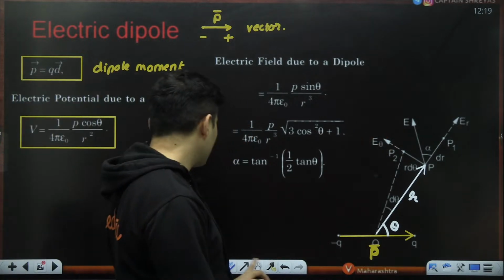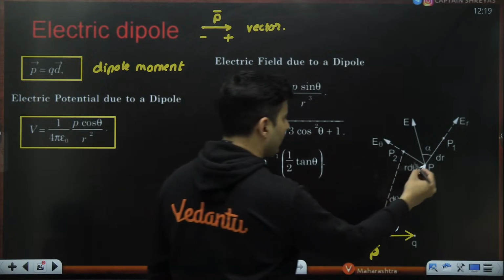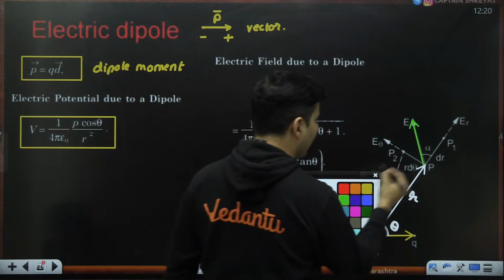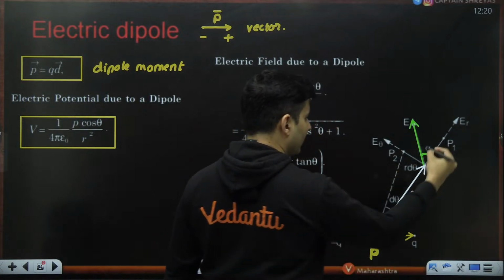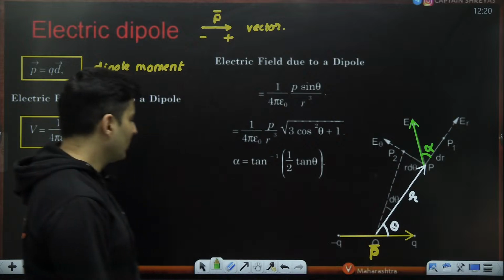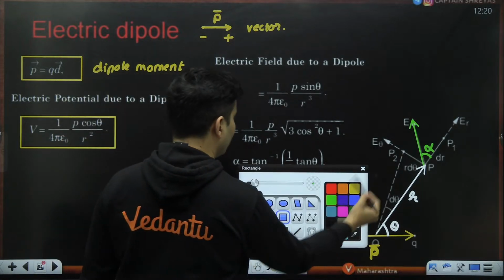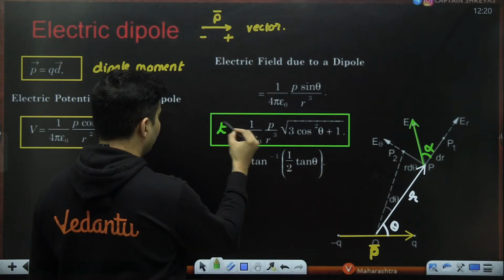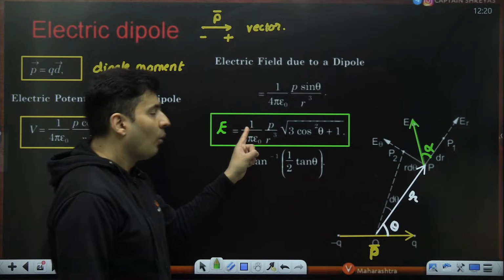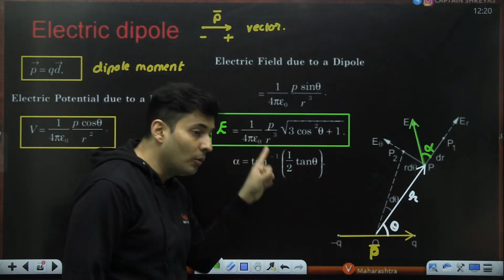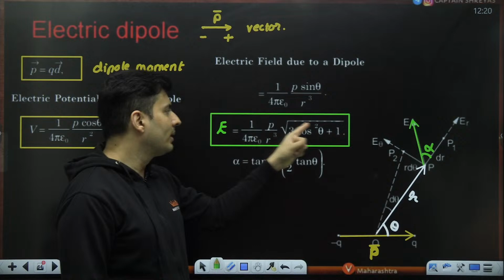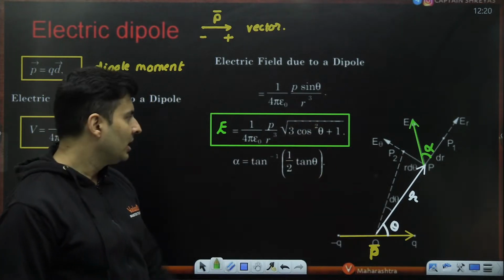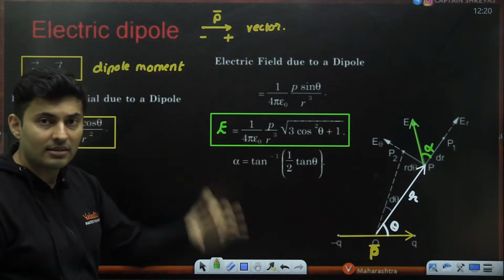At that point, you will also experience an electric field, and that electric field might make some angle with your position vector. That is alpha. The value of that electric field is given by k p by r cube, root of 3 cos square theta plus 1, with 3 cos square theta plus 1 completely inside the root.